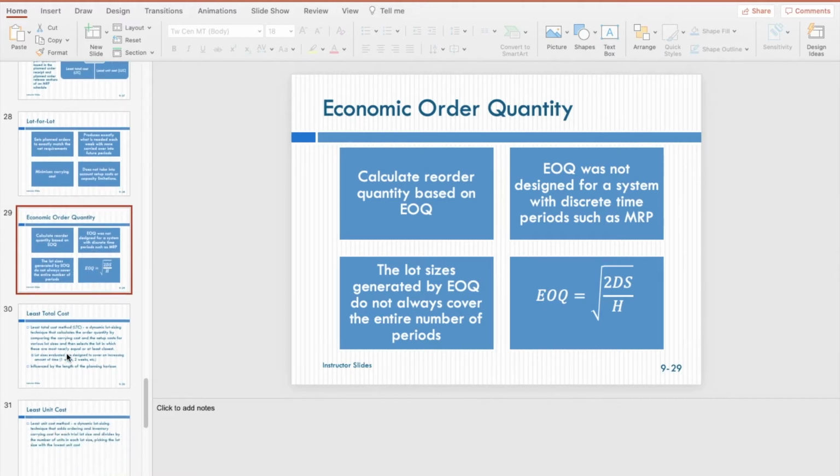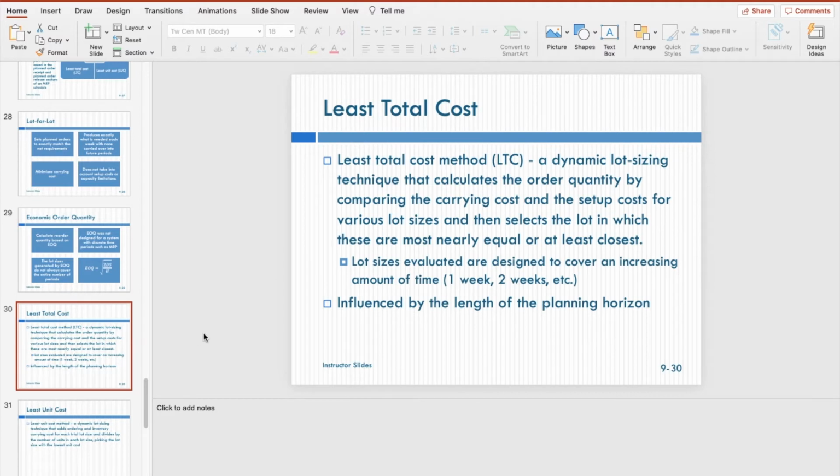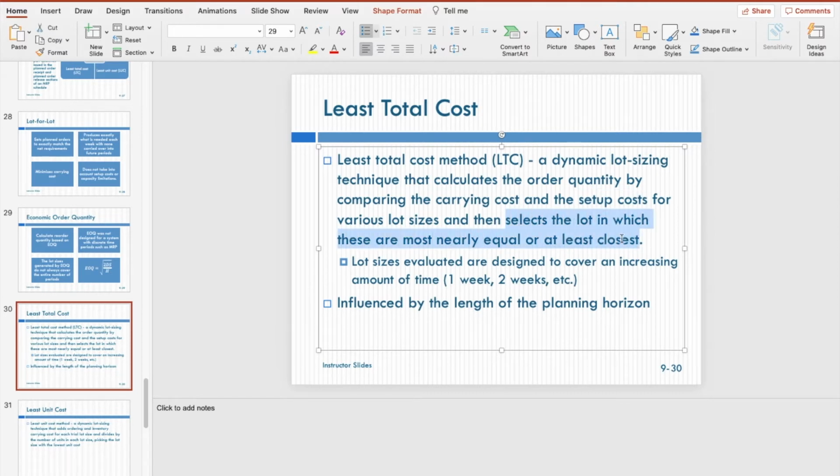Now, the third lot sizing technique is called least total cost. As I show here, this is also a dynamic lot sizing technique. You calculate the order quantity by comparing the carrying cost and the setup cost for various lot sizes. The criterion under the least total cost method is that you pick the order size in which these are most nearly equal, or at least closest, between carrying cost and setup cost.